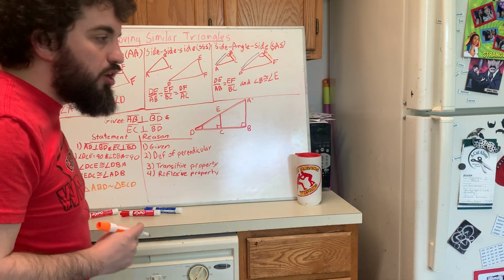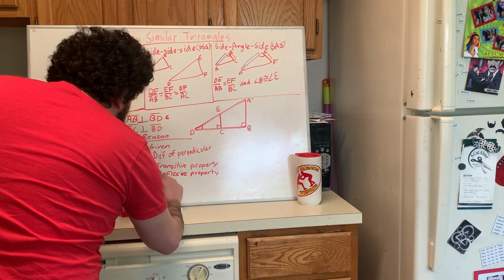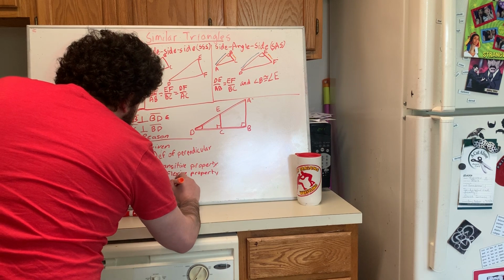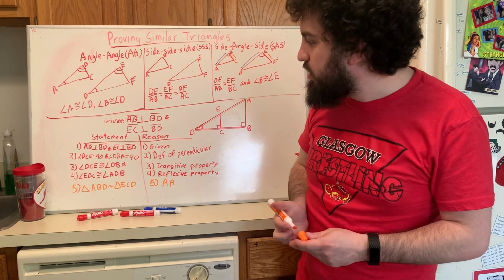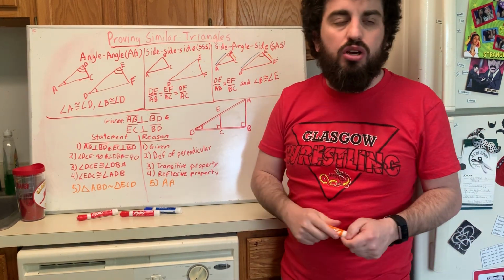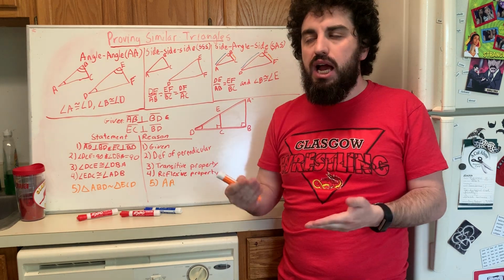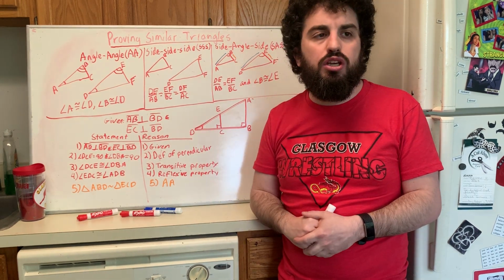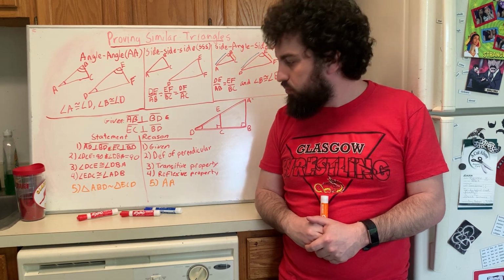And how do I know this? I know this by angle-angle. You could just abbreviate that as AA, since we already established that up here, that because I know two angles are congruent, then yes, the triangles are similar through angle-angle.